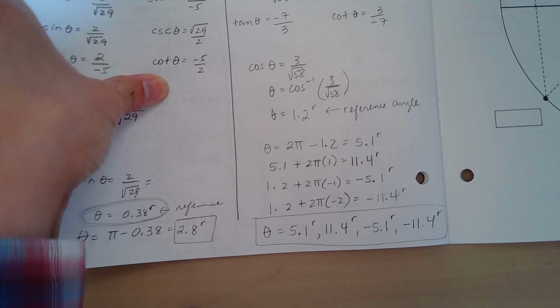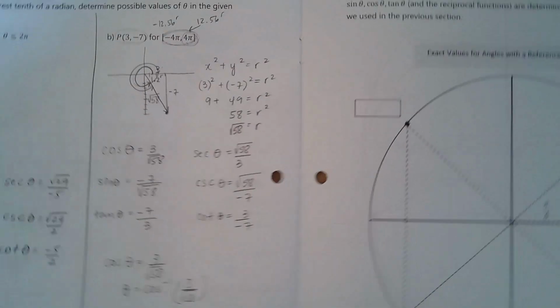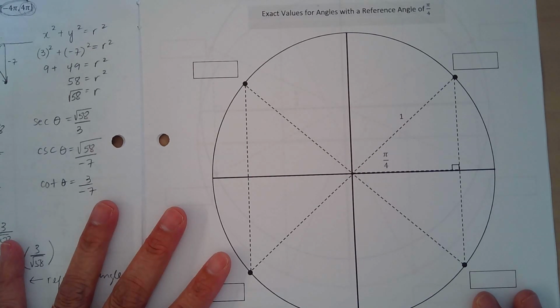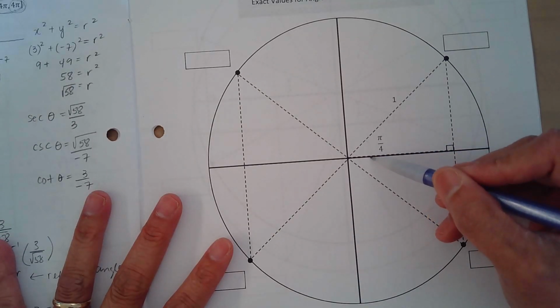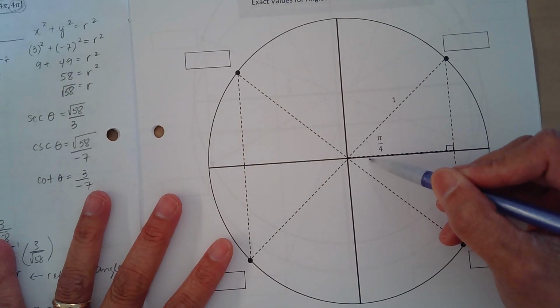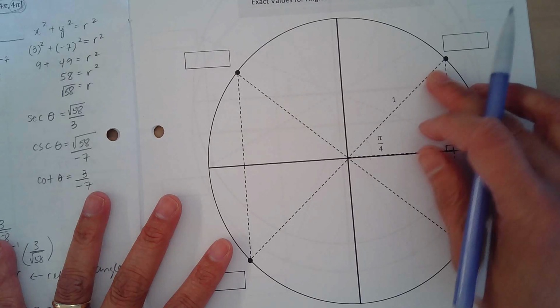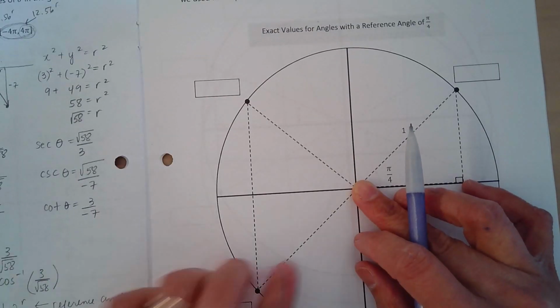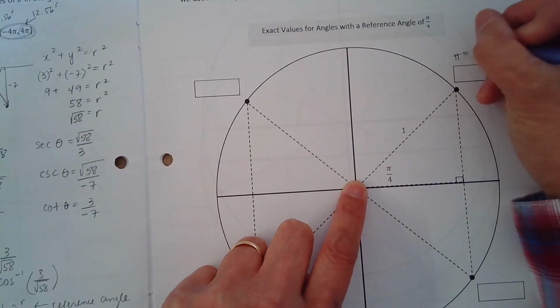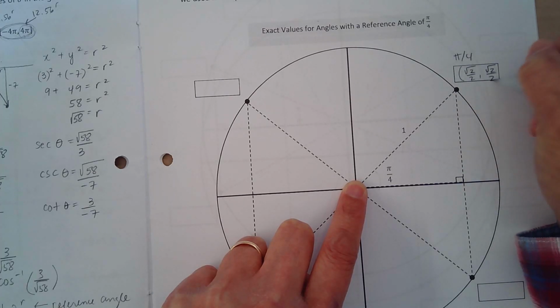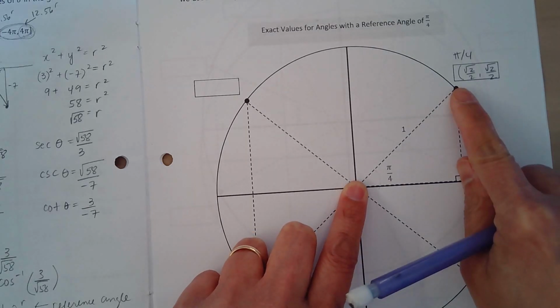Okay. Good. Now going back to these ones here. What angle is this pi over 4 in degrees? Oh, 45 degrees. So if this is pi over 4, then this is going to be root 2 over 2, root 2 over 2. So this is pi over 4.